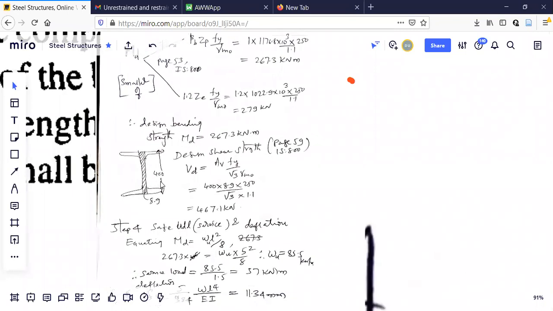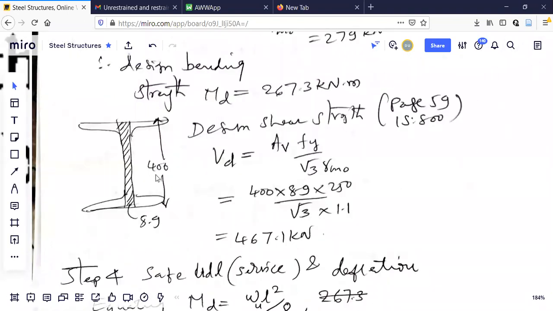How do you find the shear strength? For shear strength, look at this diagram here. Since the shear force is vertical, like this, the resisting section is the hatched part of the I beam.